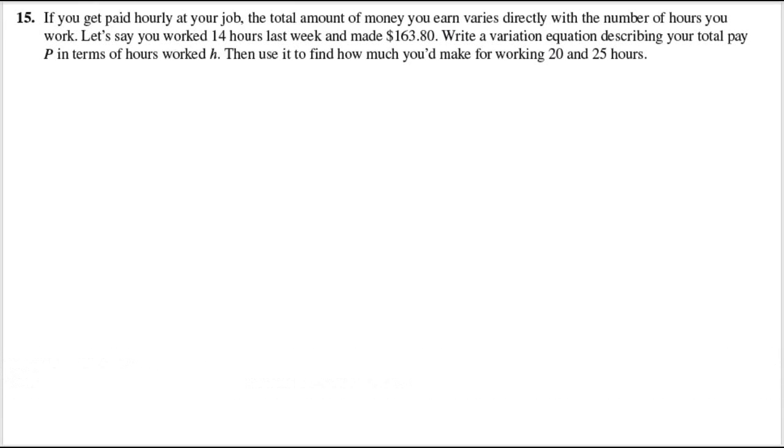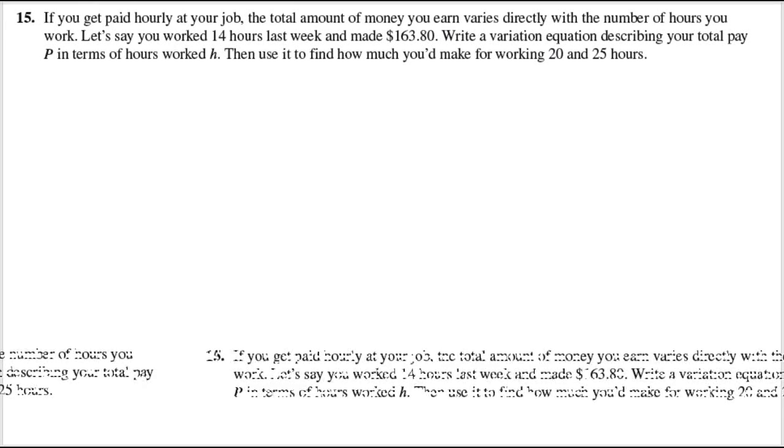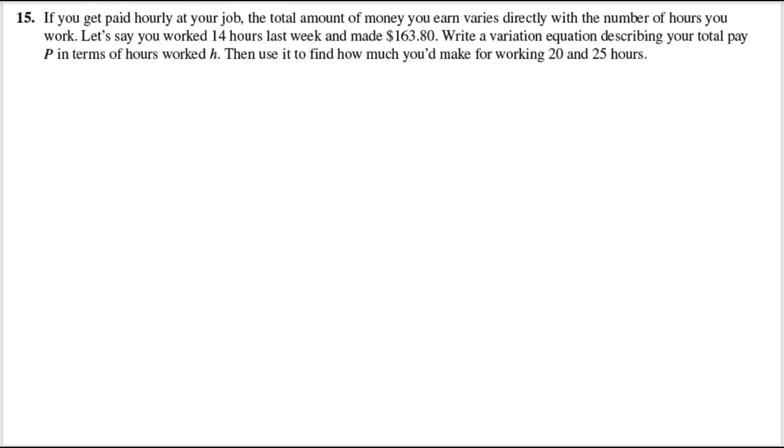Another area where we have direct variation, you get paid hourly at your job. Total amount of money you earn varies directly with the number of hours you work, unless you get a bonus, which doesn't happen very often anymore. Let's say you worked 14 hours last week and made $163.80.